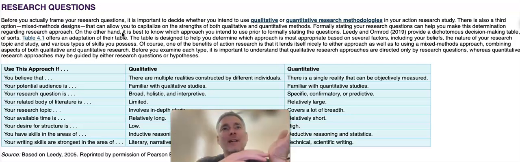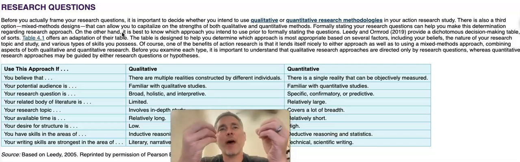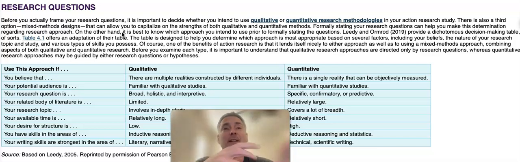And based on that need, you want to use a tool, a strategy that fits that need. Now, this is what we would call a post-positive approach to research methods. And it's a really practical approach, right?